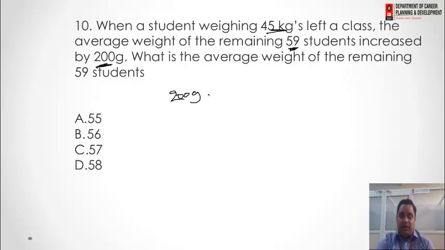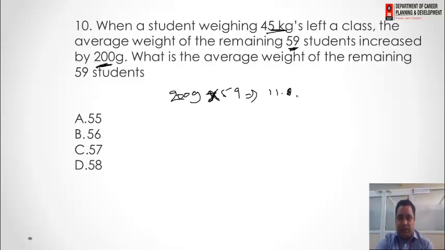It means the total gain in the sum of the weight of the students is 200 multiplied by 59. If you just find that, the answer becomes 11.8 kilograms.